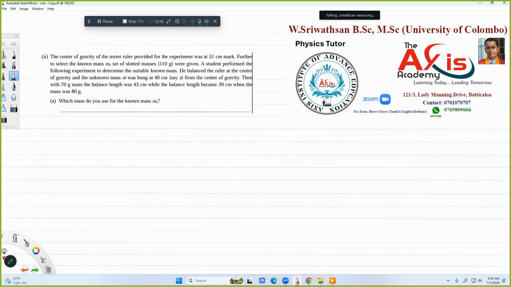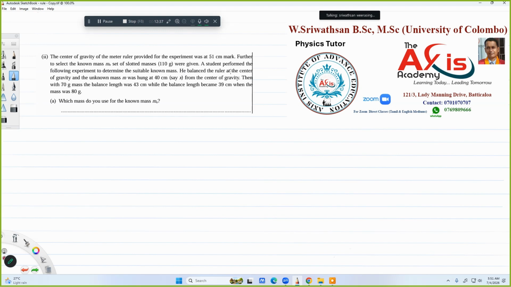So the center of gravity of the meter rod is the 51 mark. Further, to select the unknown mass M node, a set of slotted masses, 110 gram in total, were given. A student performed the following experiment to determine the suitable known mass.